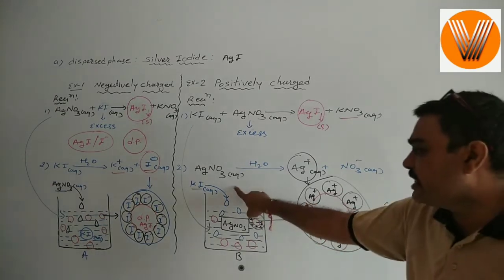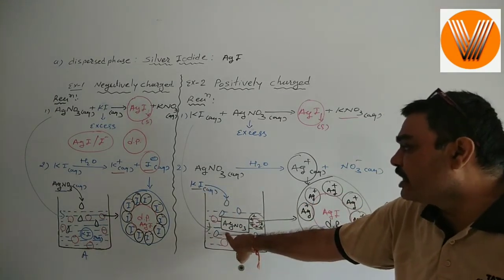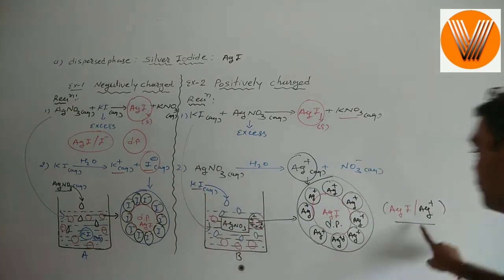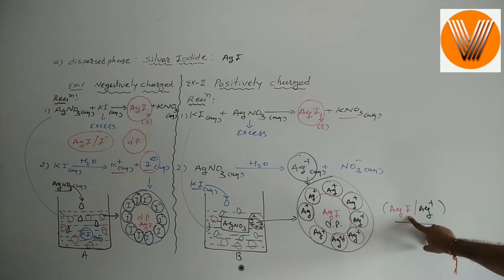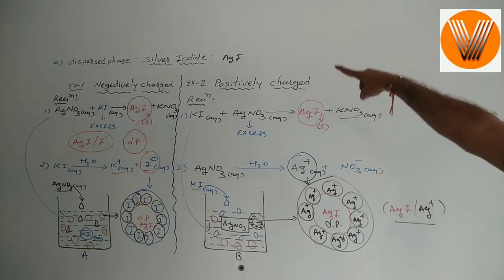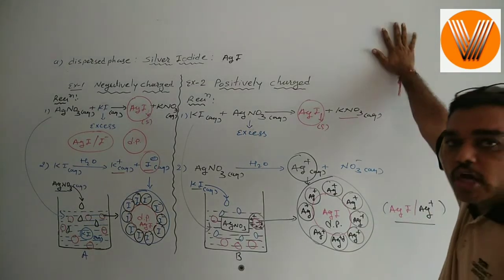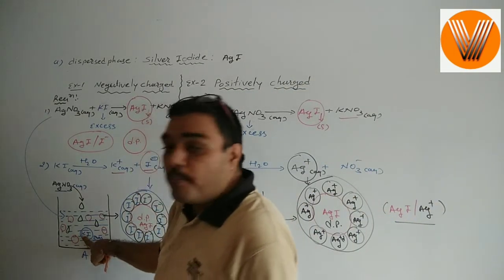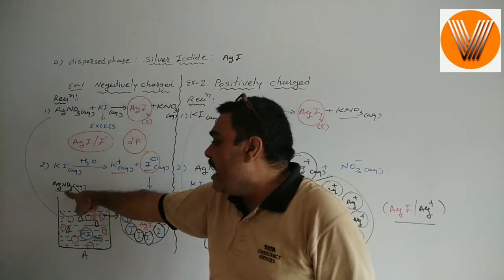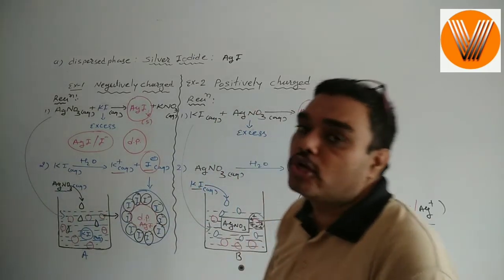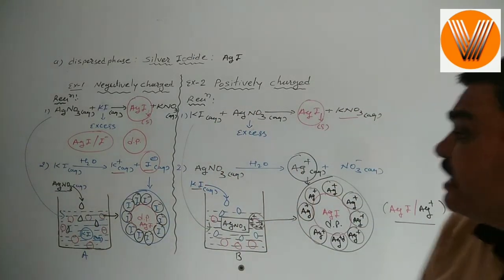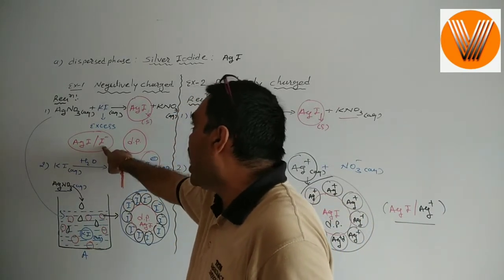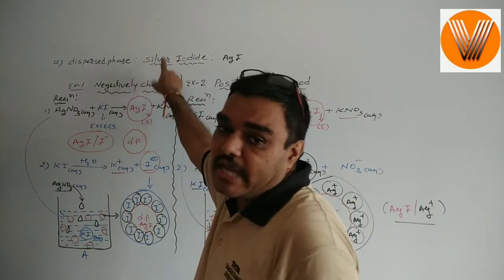When an excess amount of AgNO3 is mixed with a very dilute solution of KI, then positively charged AgI, silver iodide, colloidal salt is obtained. But if you take an excess amount of potassium iodide and add a less amount of very dilute solution of silver nitrate, then you will obtain silver iodide as a negatively charged lyophobic type of salt.